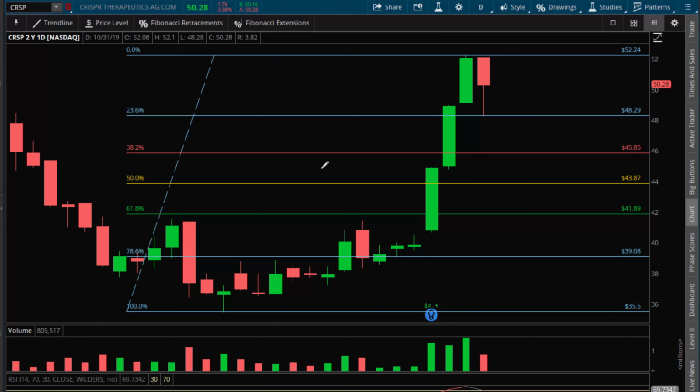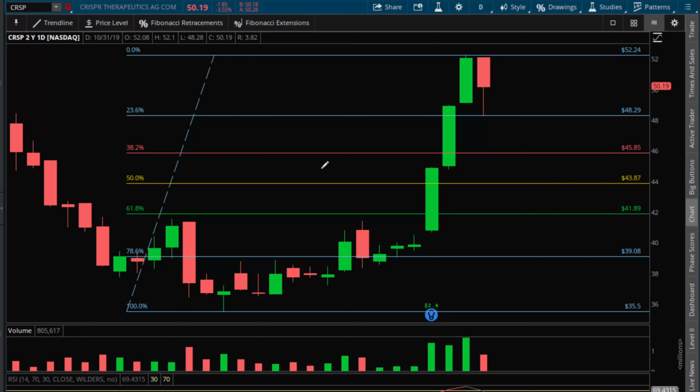Now, once you start to break down that 38.2, usually that can signal a trend reversal. The next support levels you're going to be looking for are the 50 and the 61.8. Those will be your potential buy levels.